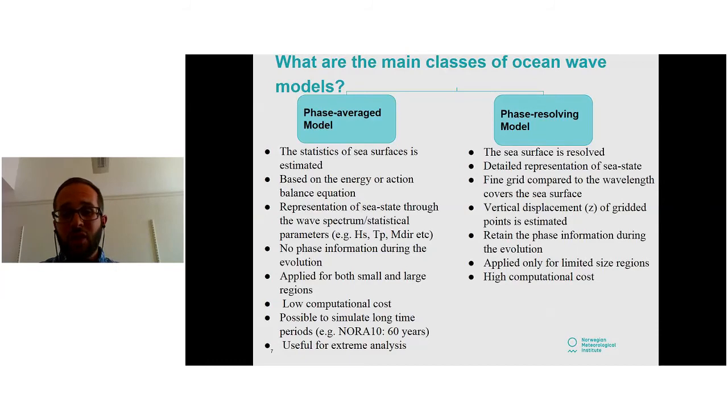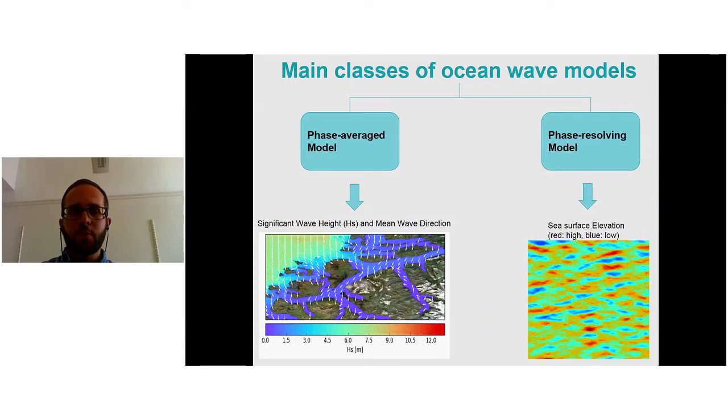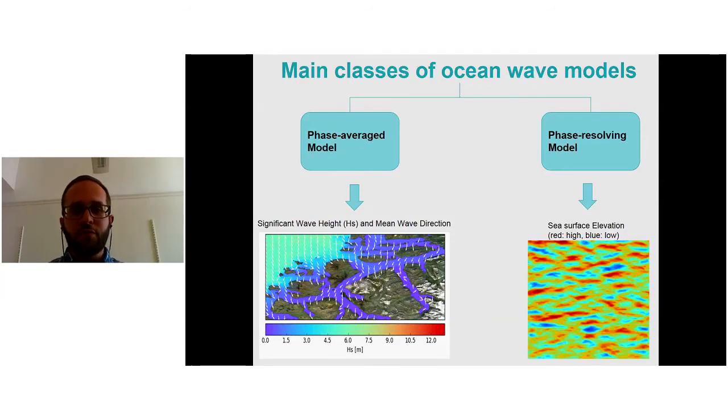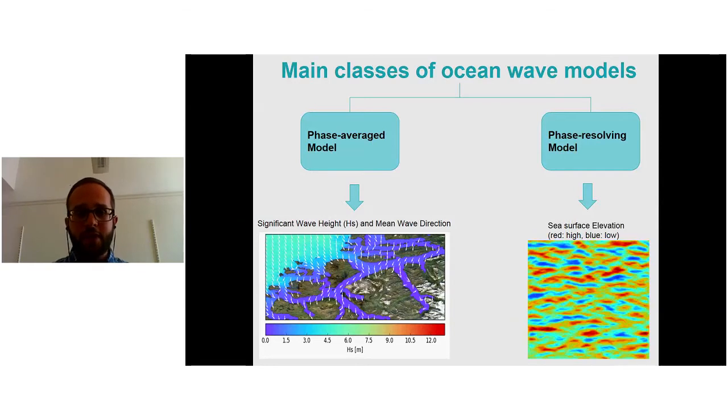However, they are applied only for limited size regions, and the computational cost is quite high compared to the phase average model. In my presentation, I will speak more about phase average models, which is also my PhD topic.